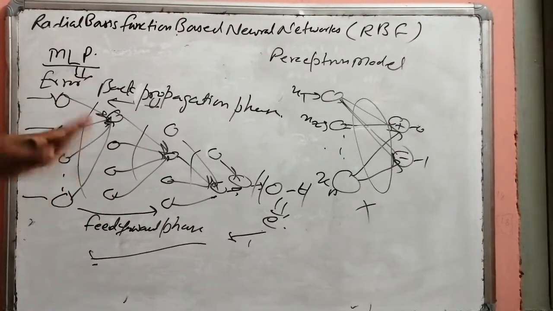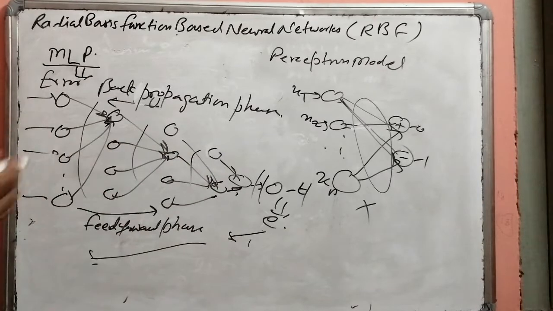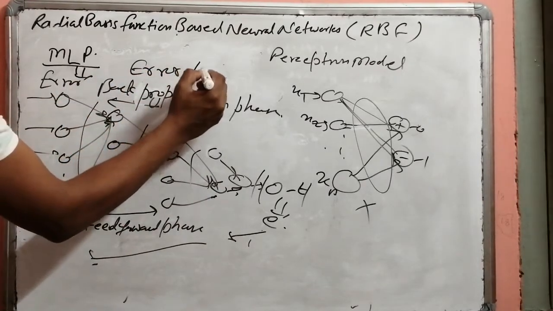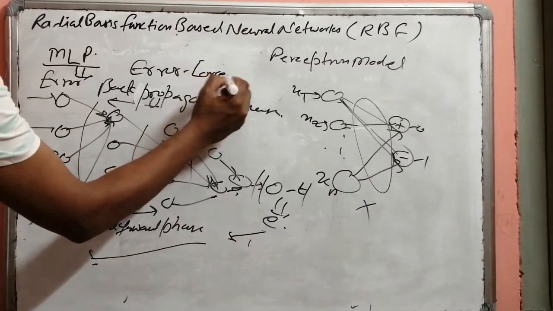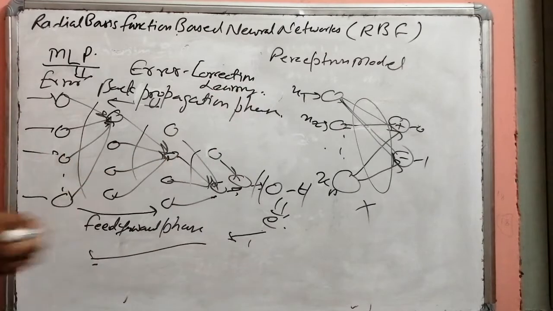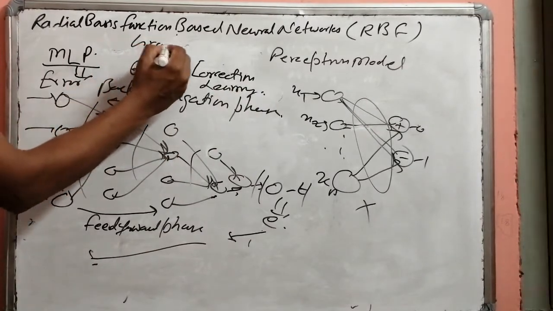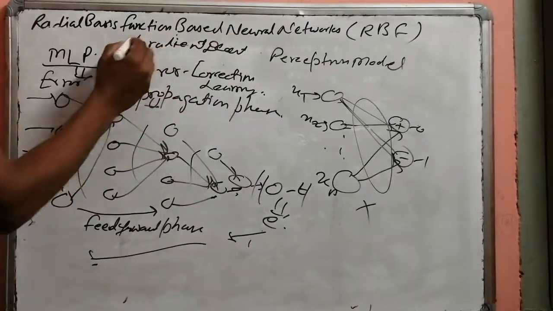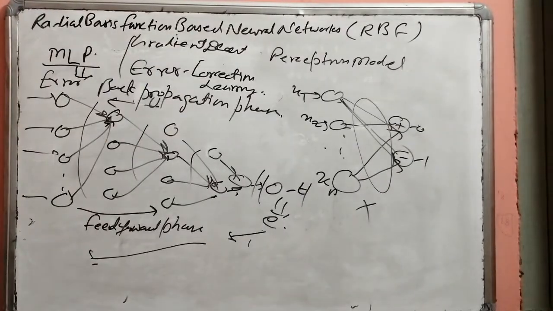Now the principle of this is error correction learning, also called gradient descent learning.